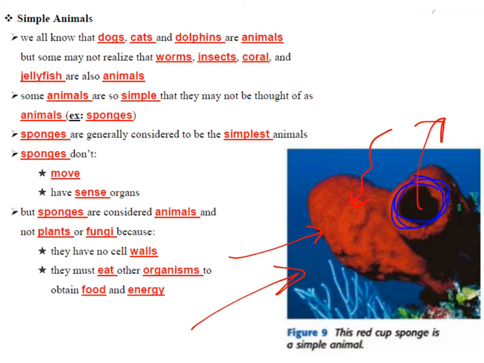It's actually really good for the water. It cleans the water. And clams and mussels feed in a similar way as well, very good at filtering out organisms from the water. This is what sponges do. They feed, and that's what animals do. They have no cell walls, so they're considered to be animals, even though they don't move and don't have specialized sense organs. But even so, they are the simplest of all animals.